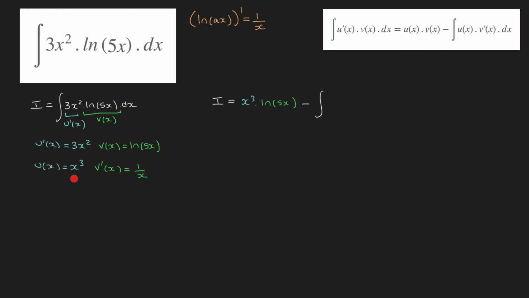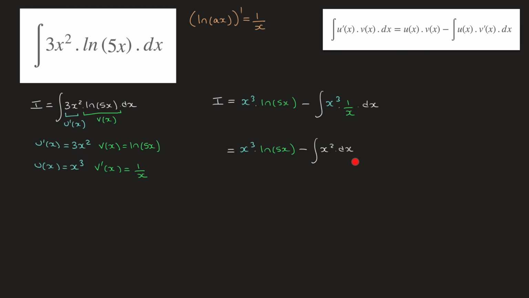So that's x cubed times 1 over x. Now, looking at the integrand we have here, x cubed times 1 over x will quickly turn into x squared. And so I becomes x cubed times ln of 5x minus the integral of x squared.